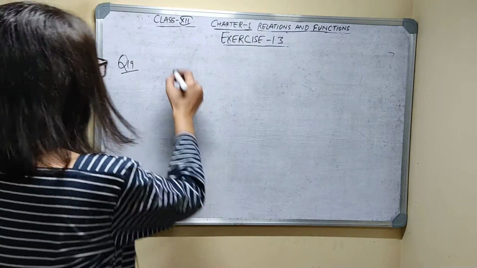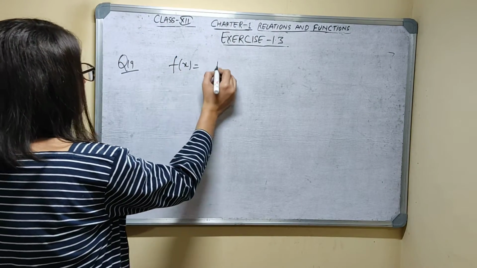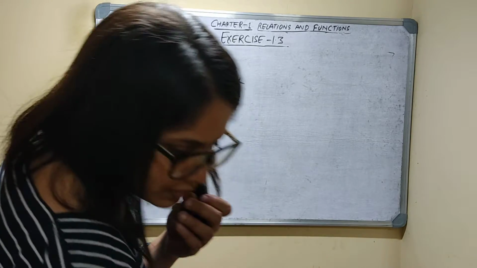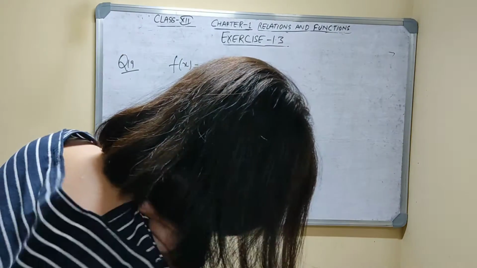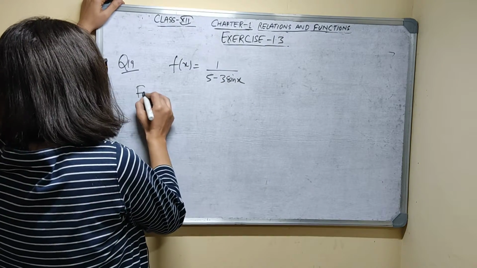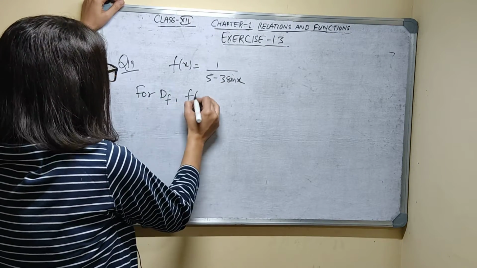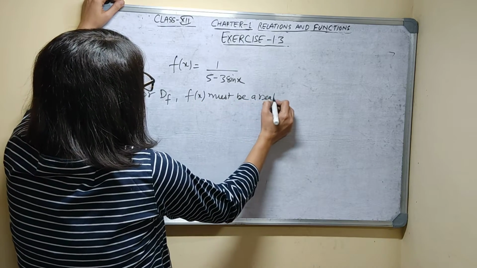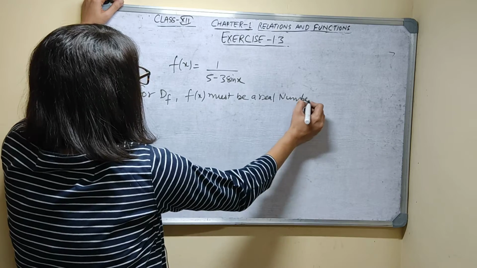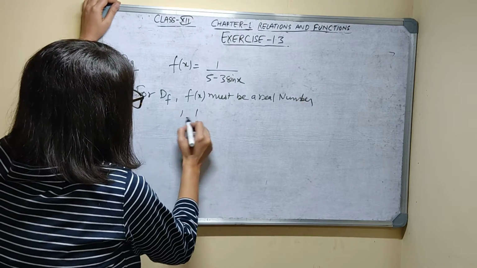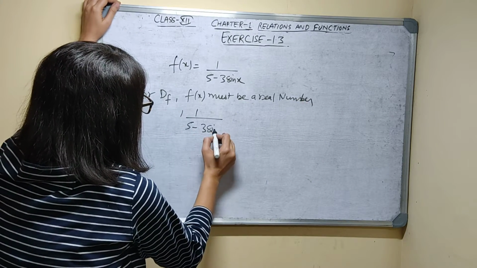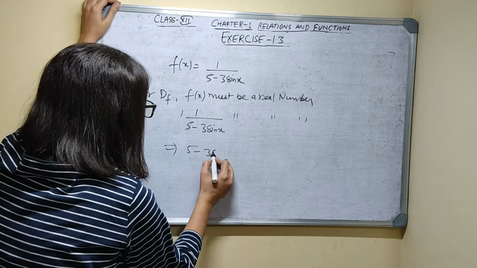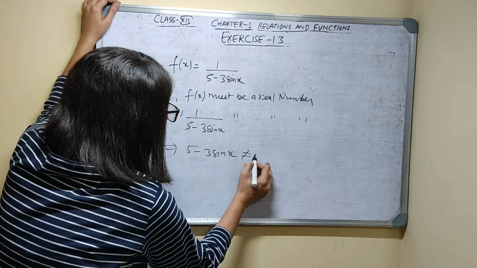Question number 19. Find the domain of the function f(x) = 1 / (5 − 3 sin x). You know, for the domain of a function, f(x) must be a real number. It means 1 / (5 − 3 sin x) must be a real number, so 5 − 3 sin x is not equal to 0.